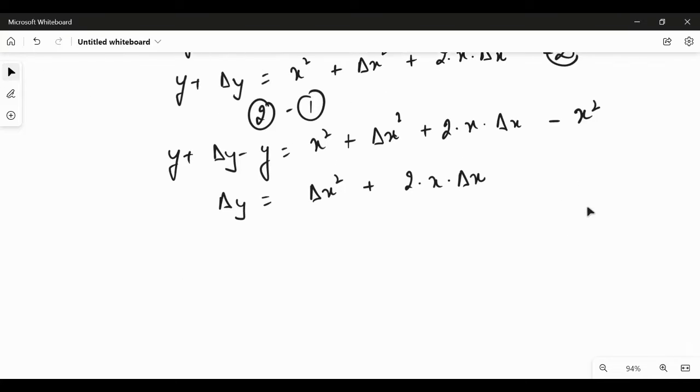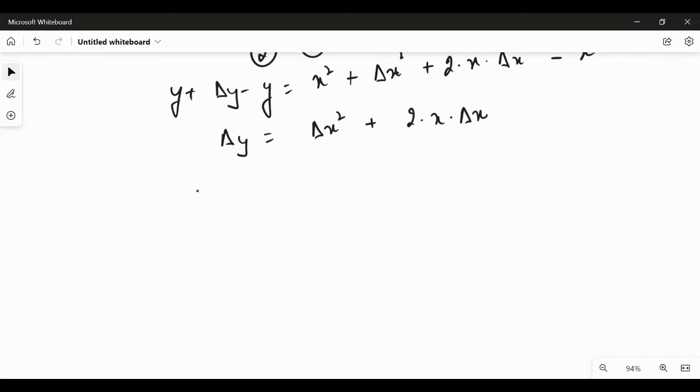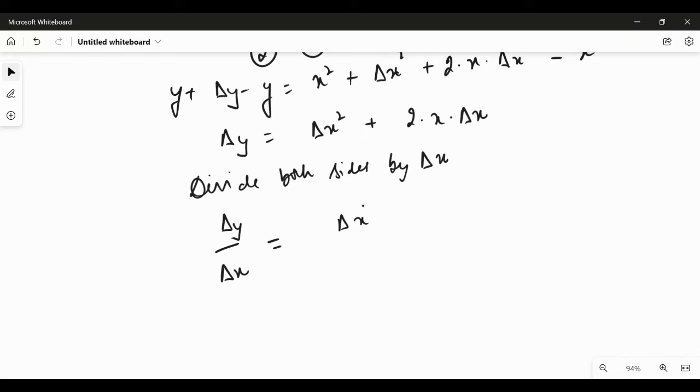Okay. Now divide both sides by delta x. What I will get is delta y divided by delta x is equal to delta x square plus 2 into x into delta x, divided by delta x.